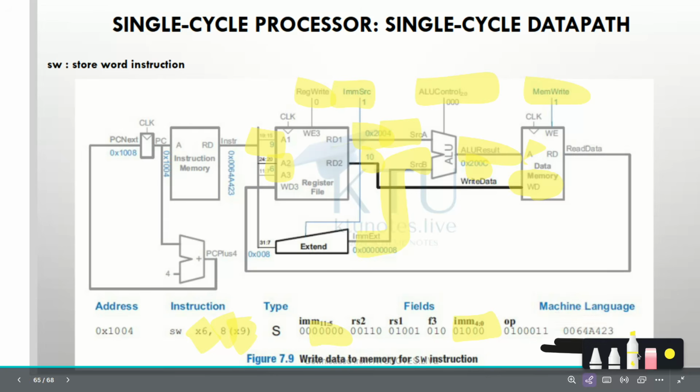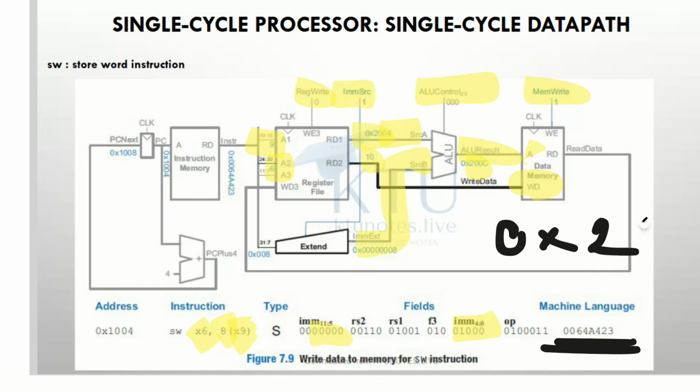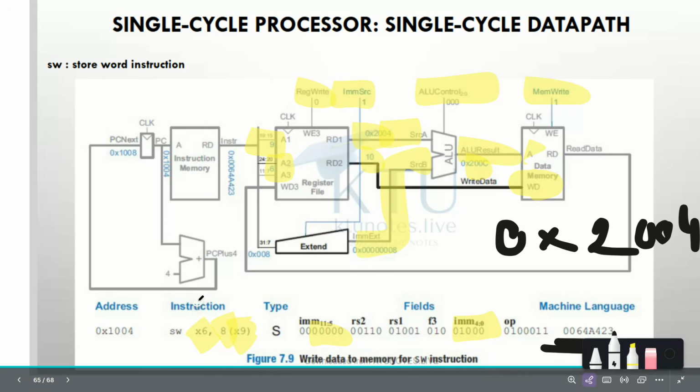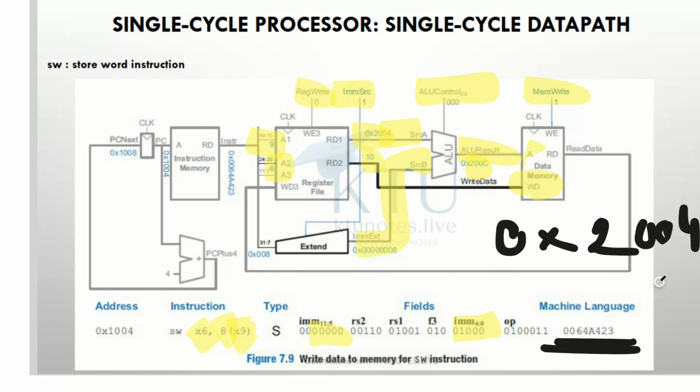Maybe some hexadecimal addition: 0x2004 is added with, not 10, but with 8, right? We are adding it with 8. Let's see what happens if I add it with 8.